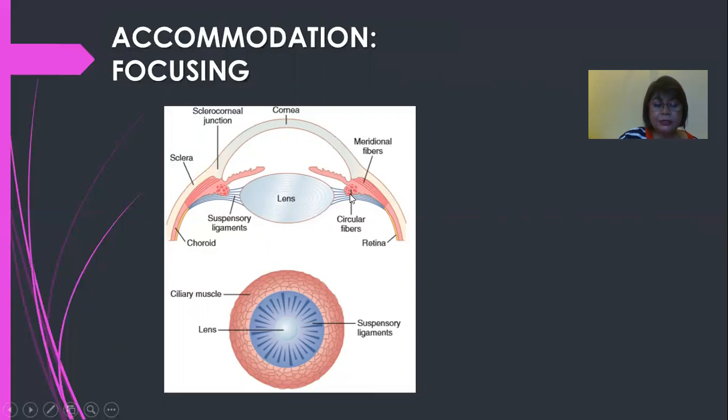You have the circular fibers and the meridional fibers. When both contract, they release tension. When they both contract, this relaxes your ligaments, so your lens becomes less tense and thicker. It becomes thicker and rounder. So it now increases the diopter power. It now makes your eye accommodate.